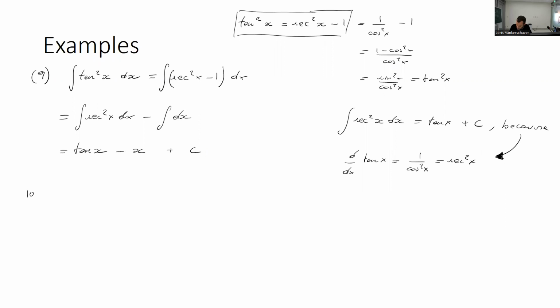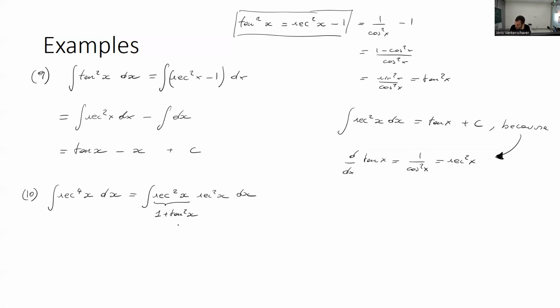And then I'll give you one more example to do by yourself. The integral of secant to the power 4 x dx. So here too, you have to use some trigonometry. And one thing that I will tell you is that it's a very good idea to write this as secant squared x dx, and then to turn the other secant squared into 1 plus tan squared x.